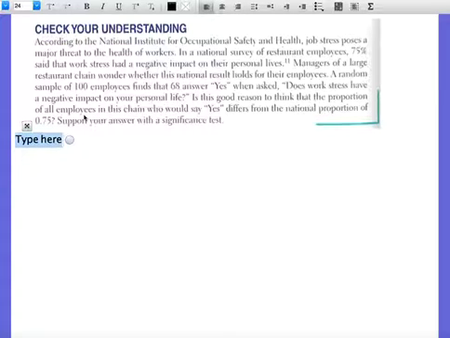So you're doing a significance test. You're going to start by doing your 4-step process. So you're going to state.